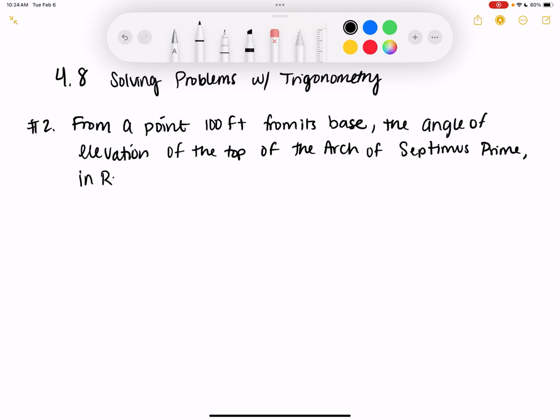In Rome, Italy, is 34 degrees, 13 minutes, 12 seconds. How tall is this monument?